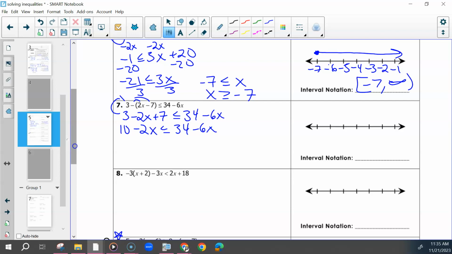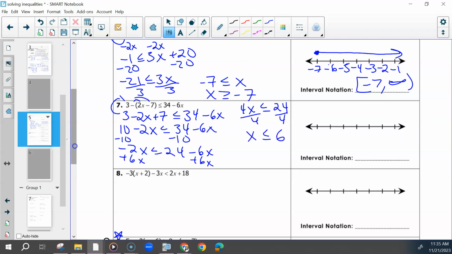What do we want to move first? 10. Sure. So if we're moving the 10, we would subtract 10 on both sides. And then move the 6 over by adding it to the other side. So that we have 4x is less than or equal to 24. Divide both sides by 4. x is less than or equal to 6.